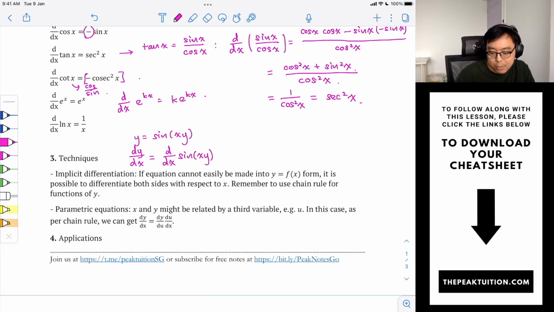The derivative d/dx of sine xy is cosine. We can write properly, d(sine xy)/d(xy) and d(xy)/dx.